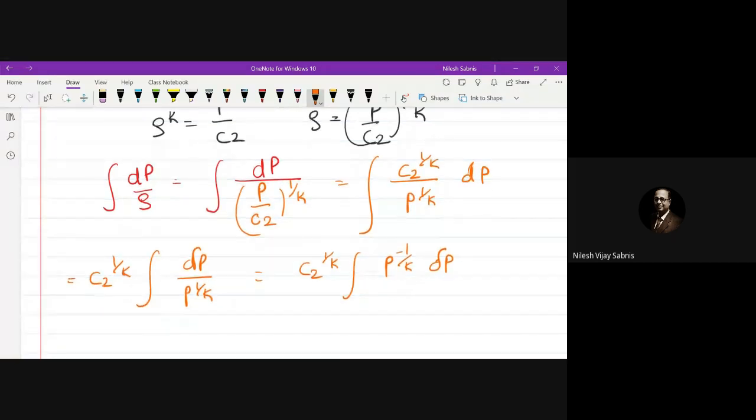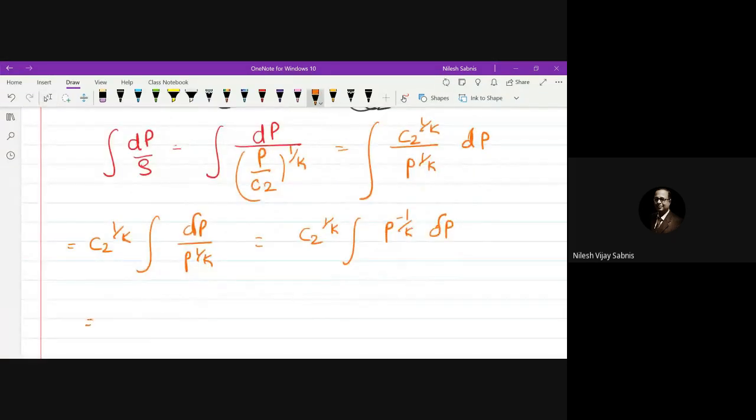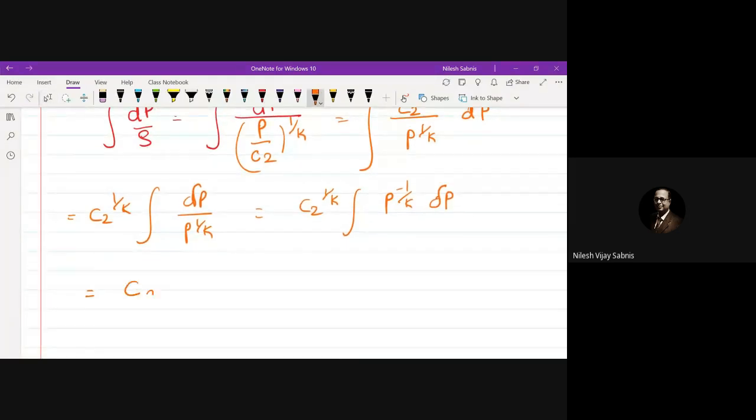So what will be the answer? C2 raised to 1 by K into what? P raised to minus 1 by K plus 1 divided by minus 1 by K plus 1.